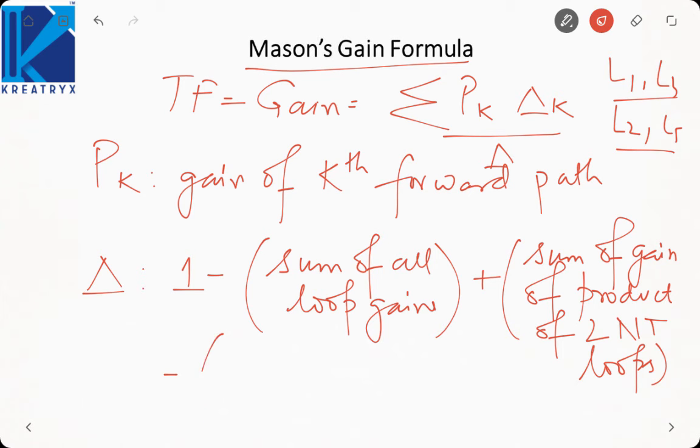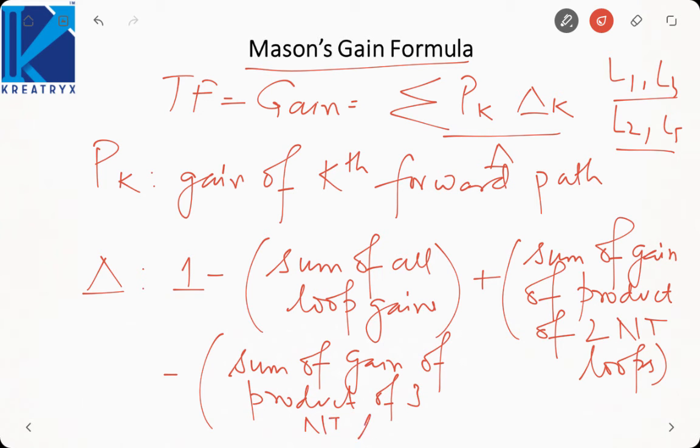Then again a minus sign, the sum of gain products of 3 non-touching loops. Like if I say L1, L3 and L4 have no common node, then L1 into L3 into L4. Then plus, again the sum of gain products of 4 non-touching loops.